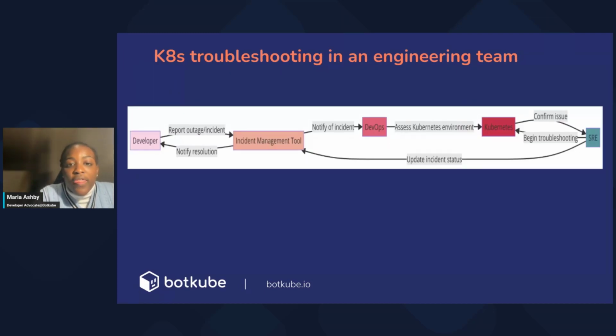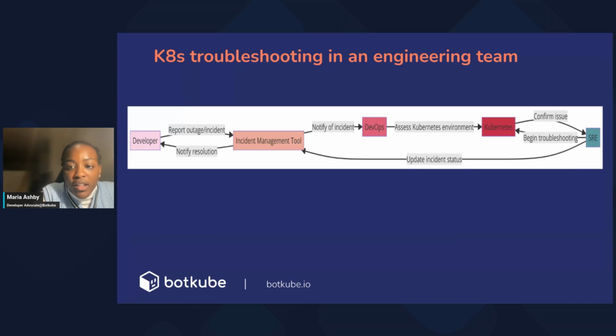So this is what that workflow could look like inside of an engineering team. A developer might receive the information and report the outage inside of an incident management tool that a team is using. Then they would notify the DevOps team, and the DevOps team would assess the Kubernetes environment, and then you confirm that information with Kubernetes, and you'd loop back in with the SRE team that would kickstart that troubleshooting process.